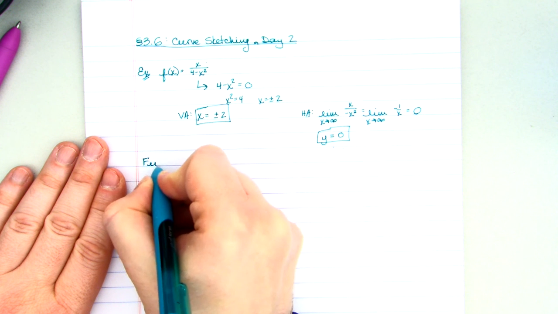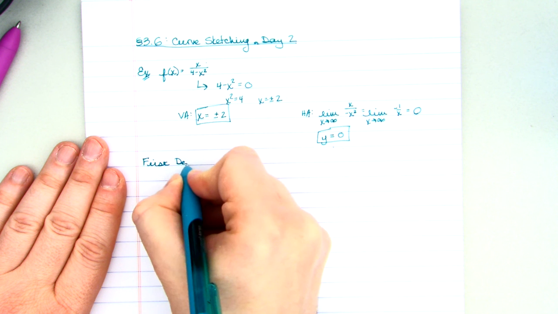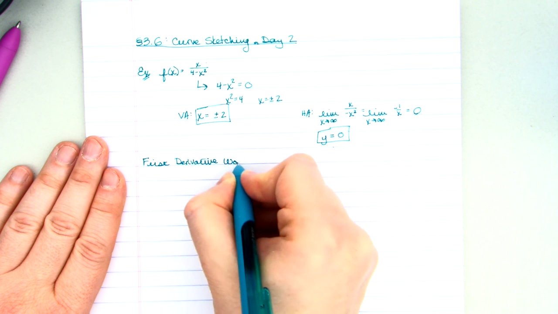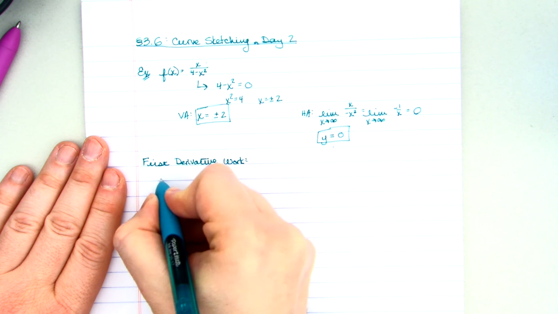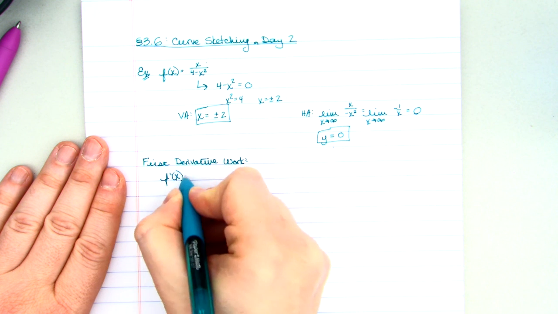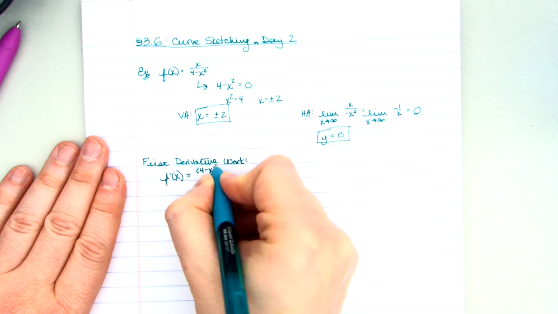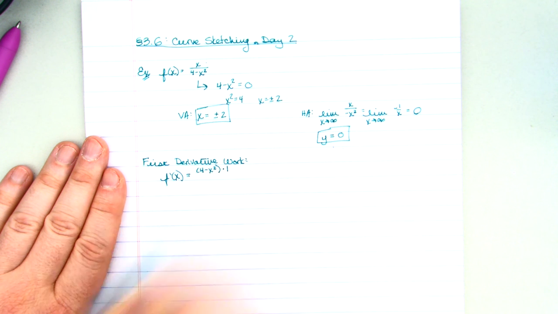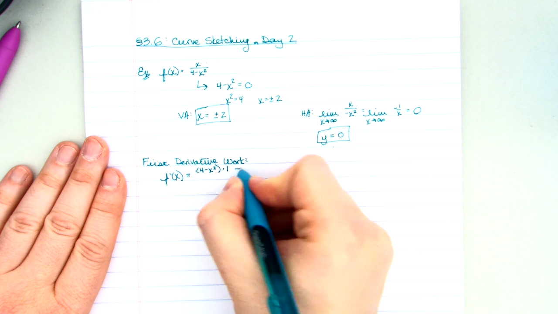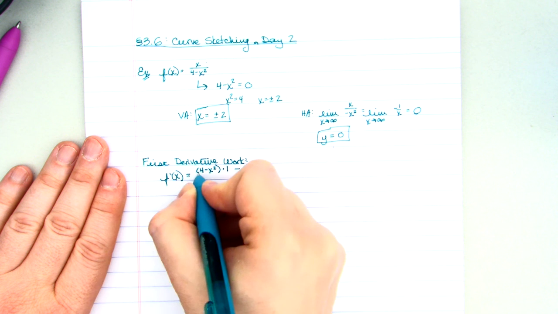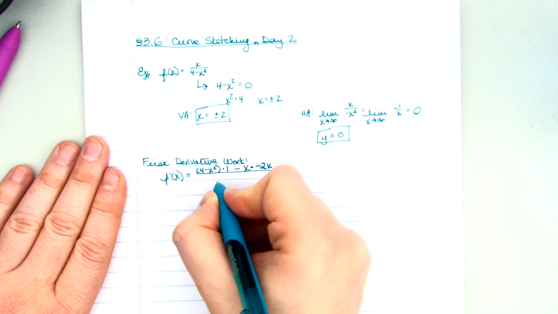So here's my first derivative work. f prime of x is going to equal, I'm going to use the quotient rule on this. Low, 4 minus x squared, d high is times 1, minus high, x, d low, derivative of the bottom is negative 2x. Draw a line and square below.